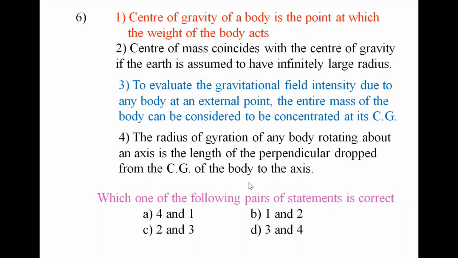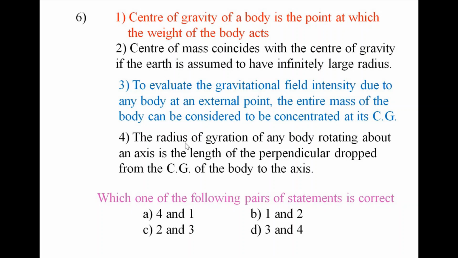The question is: which of the following pairs of statements is correct? Option A is 4 and 1. Option B is 1 and 2. Option C is 2 and 3. And option D is 3 and 4. So as per our theory knowledge, option A is correct, that means number 4 and number 1.